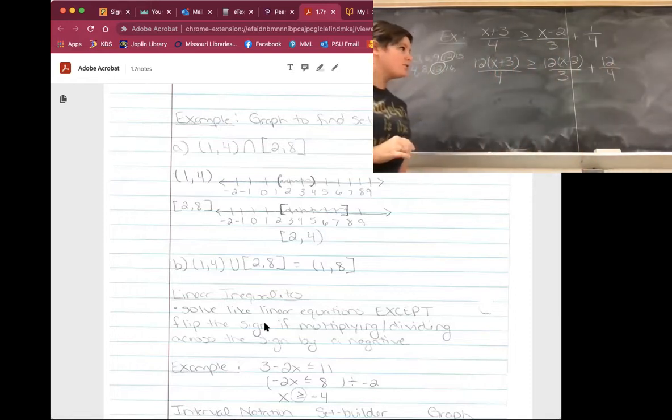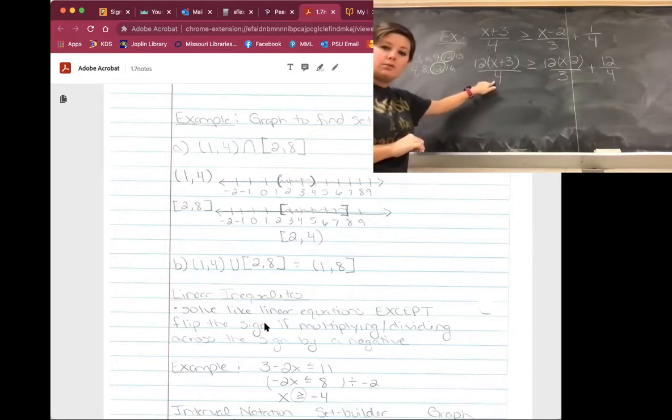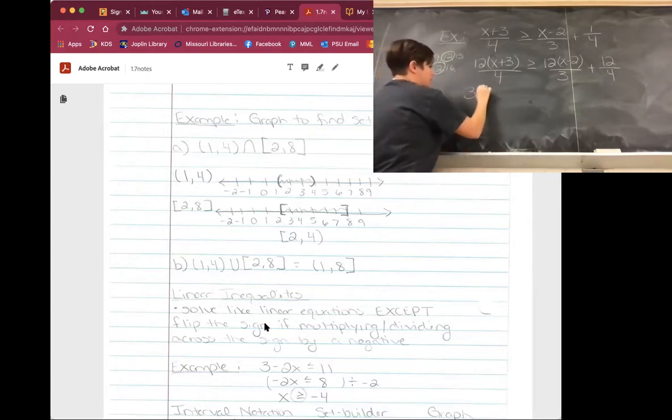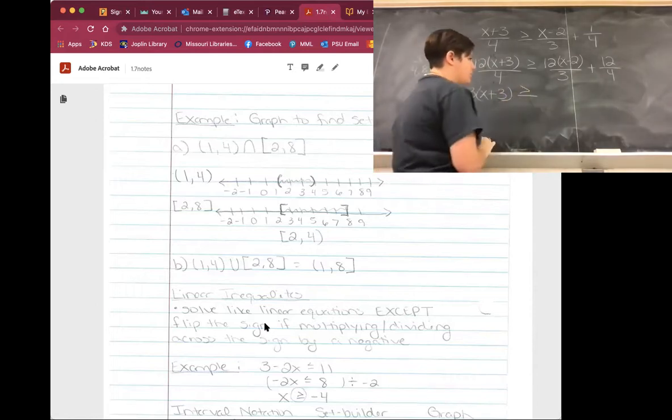Now you may be asking yourself, why would we do that? Because we still have fractions, but only for a minute, because it's going to reduce. Notice we have 12 over 4. What's 12 divided by 4? It's 3. So we have 3 times (x plus 3) is greater than or equal to.